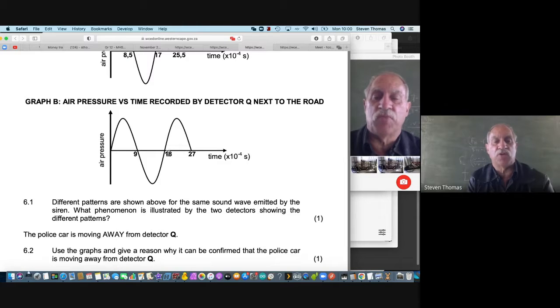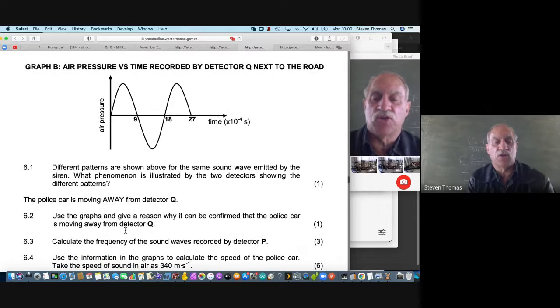Well, we knew that because the period is bigger. Use the graphs and give a reason why it can be confirmed that the police car is moving away from the detector. Well, we could say the period is longer, therefore the frequency is less in the one that is moving away. And then they say to use the graphs and give a reason.